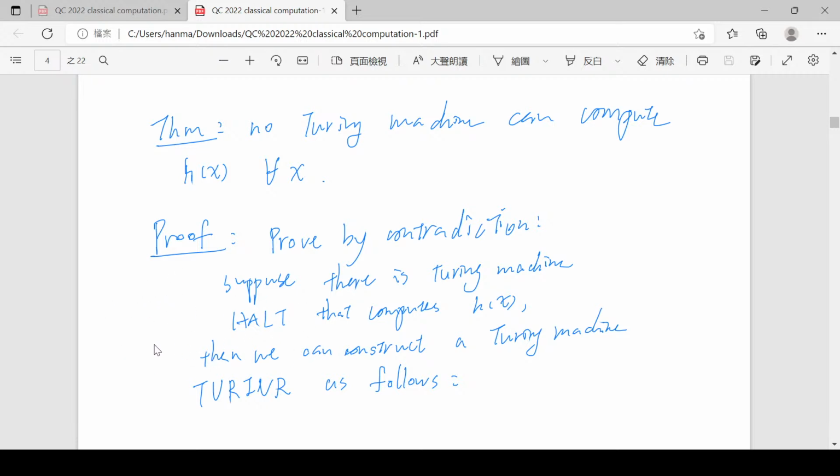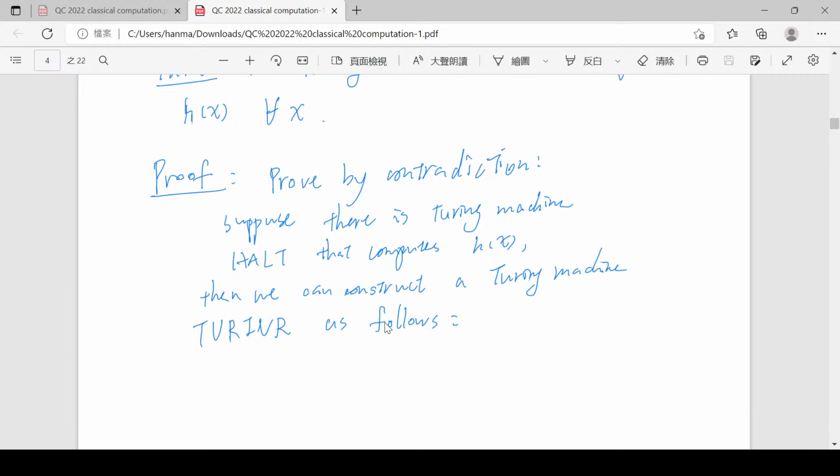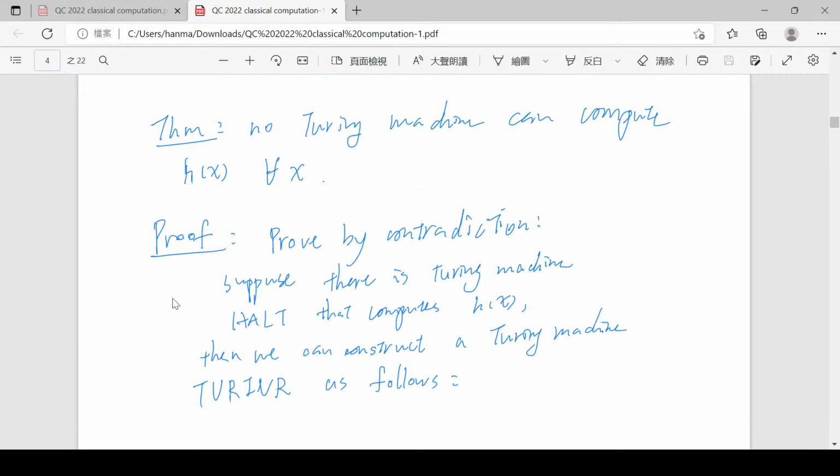Then we create a logical contradiction. That's the high-level idea. The detail is that we suppose there is a machine halt. This halt will compute h of x, and it should also halt, right? Because for all x, you need to compute this thing and stop to output.